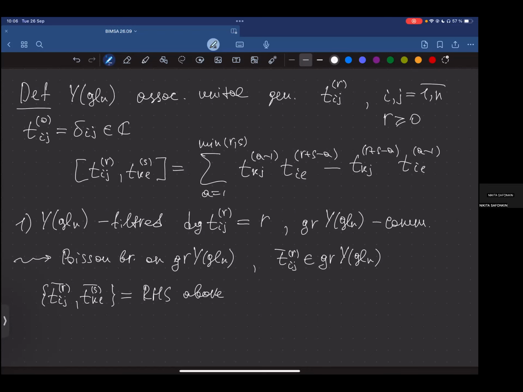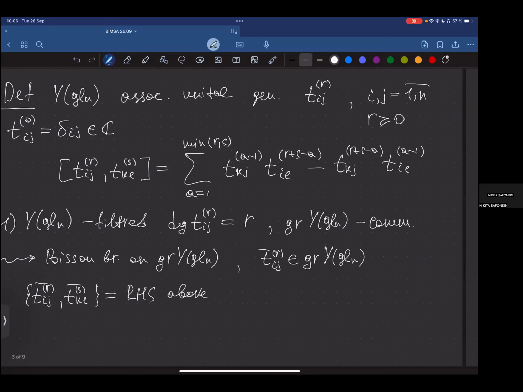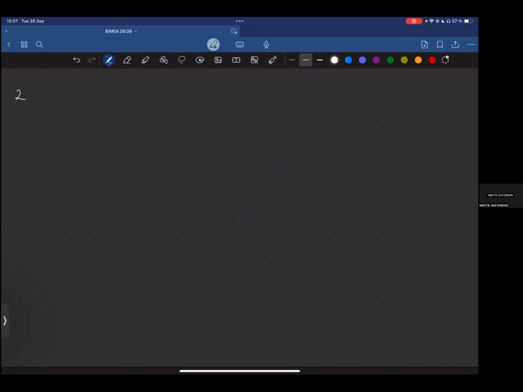The second property is related to a different filtration, the shifted filtration. This shifted filtration is defined as follows: r minus 1. So it is almost the same as the previous filtration, but it is a little bit shifted. Then the associated graded algebra is not commutative anymore.